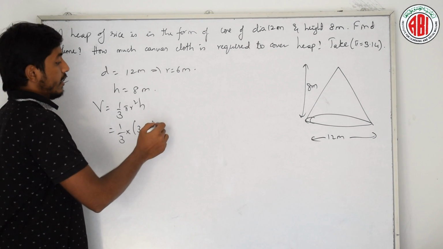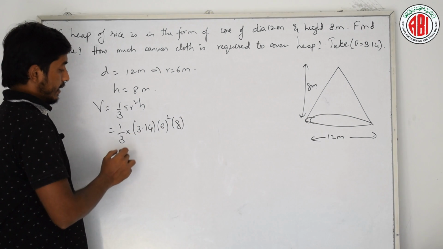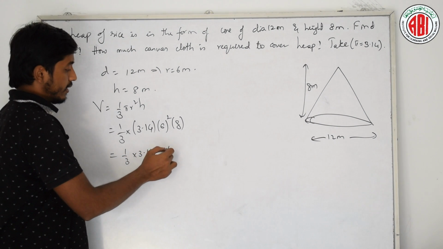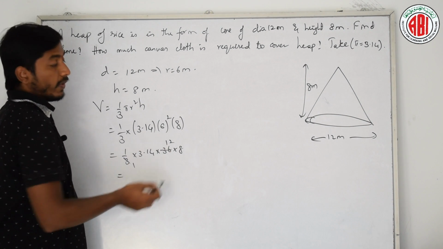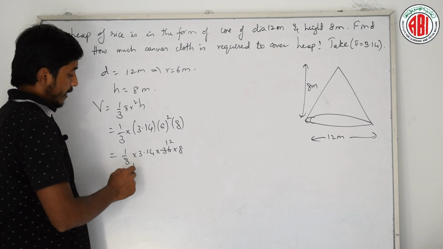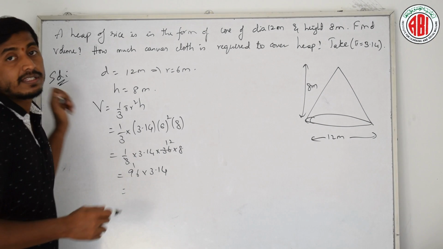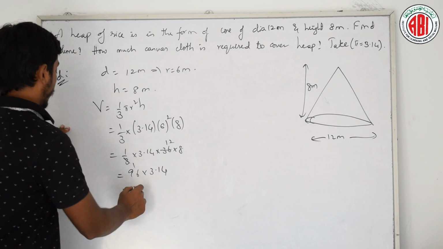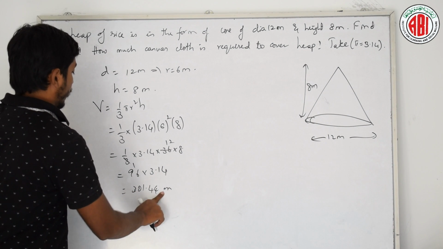So it is 1 by 3 into 3.14 into 6 square, that is 36, into 8. 3 ones are 3, 12 eights are 96, into 3.14. Just multiply and tell me the answer of 96 into 3.14. It is 301.44 meter cube.